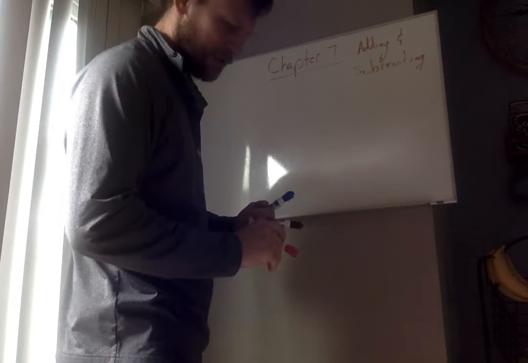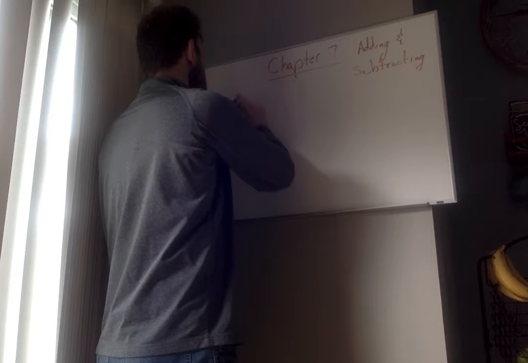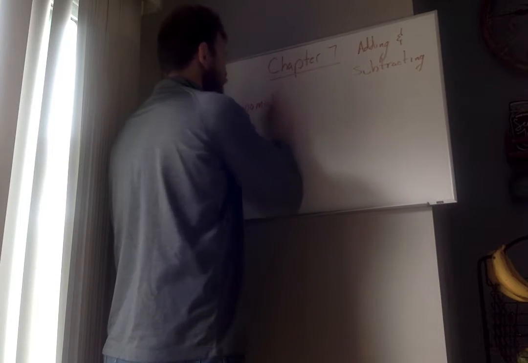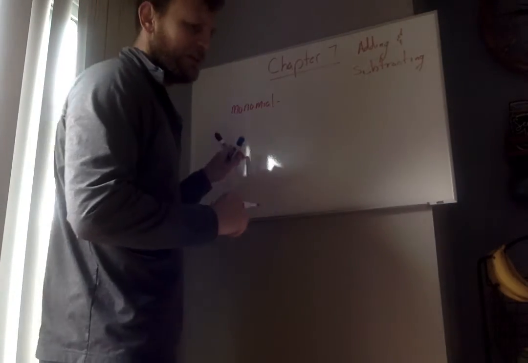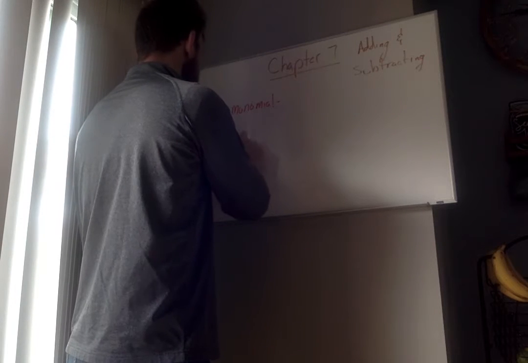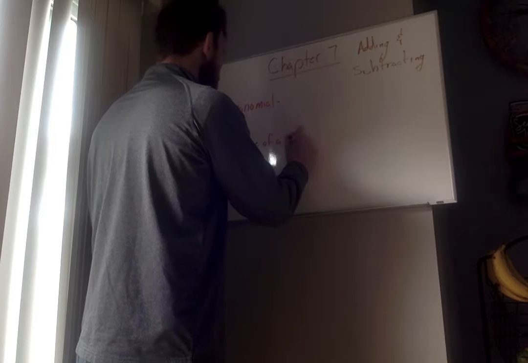Now we have a bunch of definitions. First one is monomial. All right, and the geometry teacher in me likes to break down words. So we have monomial. We're going to have to be talking about the degree of a monomial.